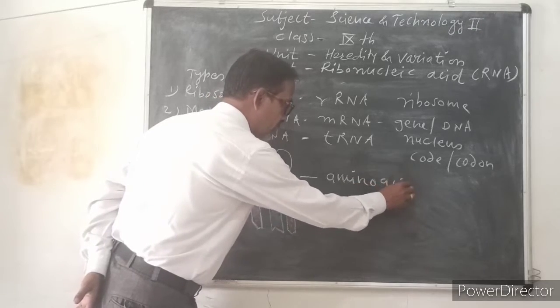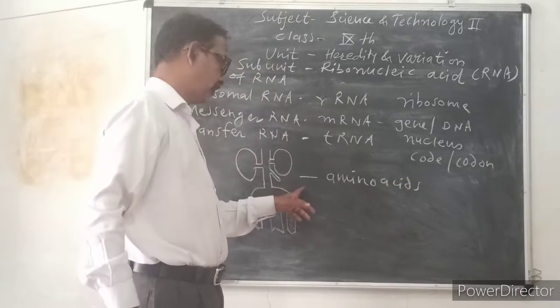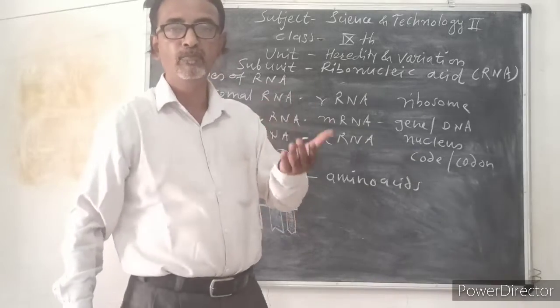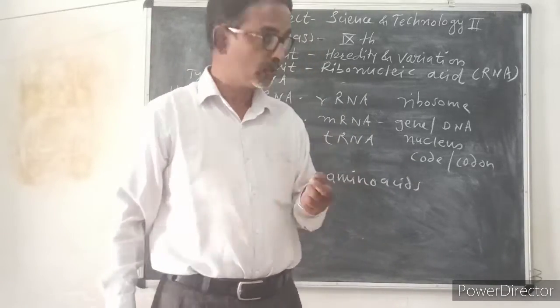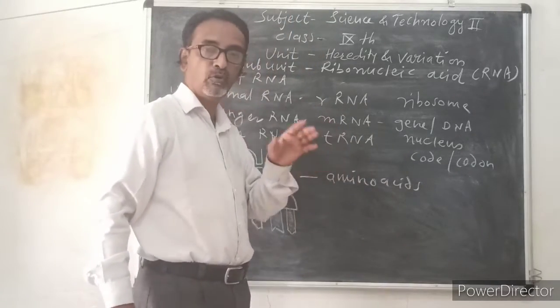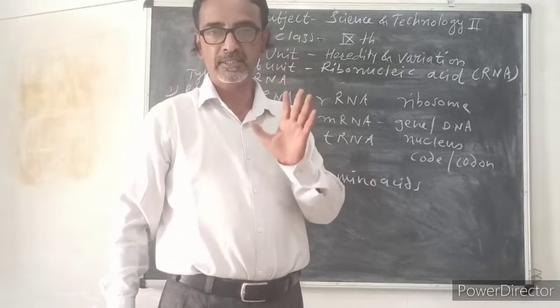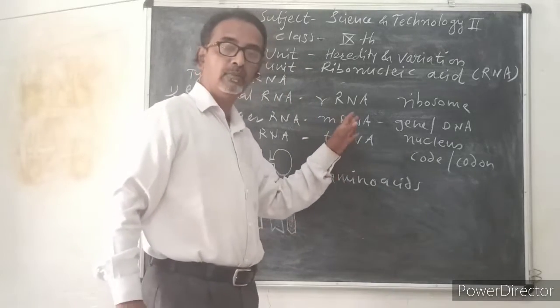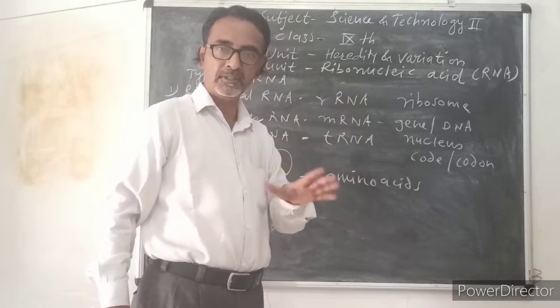A particular amino acid is carried by this tRNA to form protein synthesis. So in all of the three we have seen protein synthesis. So all are related with ribosome protein synthesis.